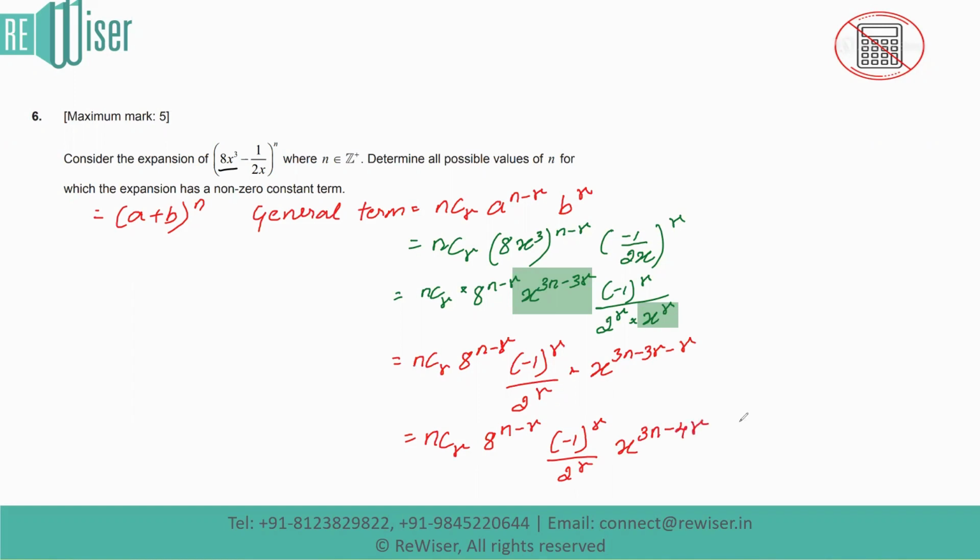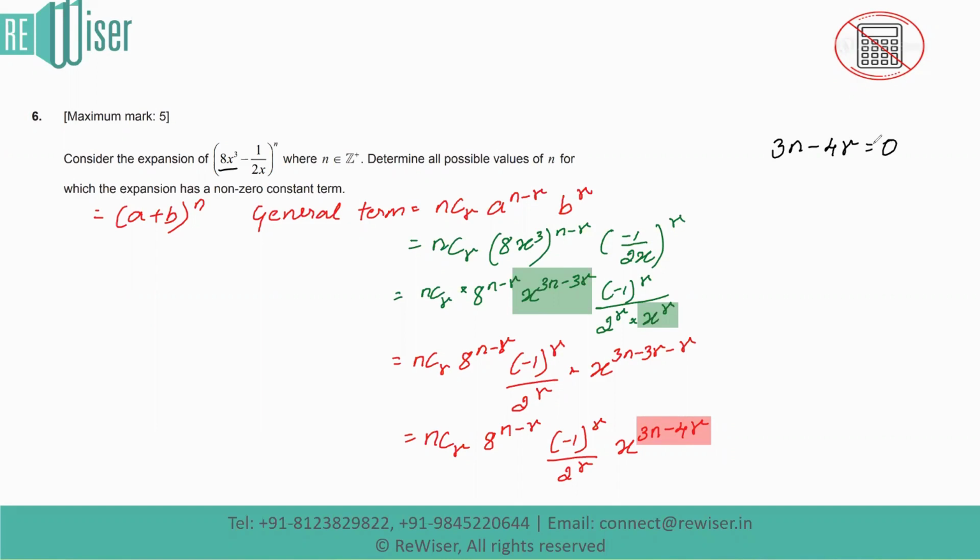So when I say this expansion has a constant term, that means there should be some value of n and r so that that part becomes 0. Constant term means there should not be any x, so I need to have x to the power 0. Which means 3n − 4r should be equal to 0.